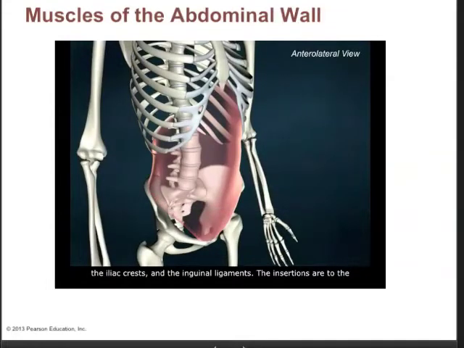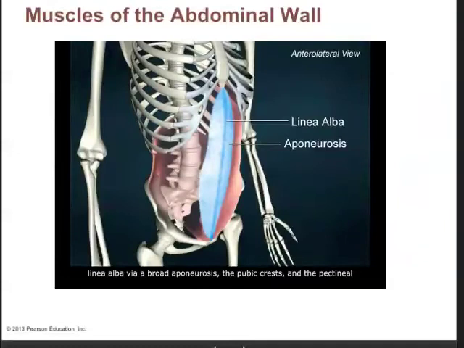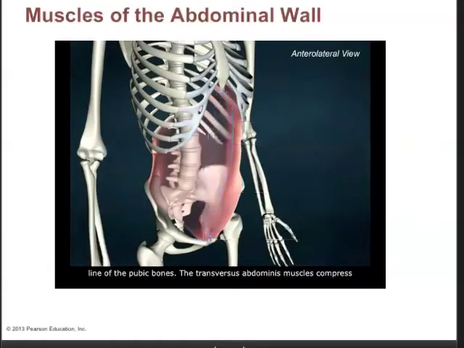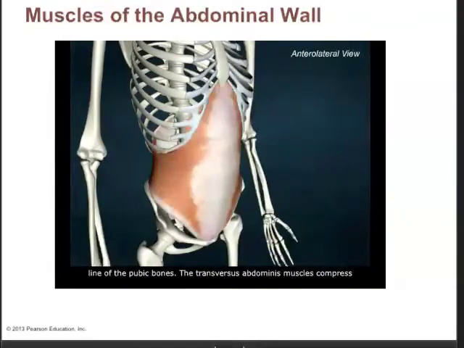The insertions are to the linea alba via a broad aponeurosis, the pubic crests, and the pectineal line of the pubic bones. The transversus abdominis muscles compress the abdomen and in doing so raise intra-abdominal pressure and assist in forced expiration. They are innervated by the intercostal nerves.